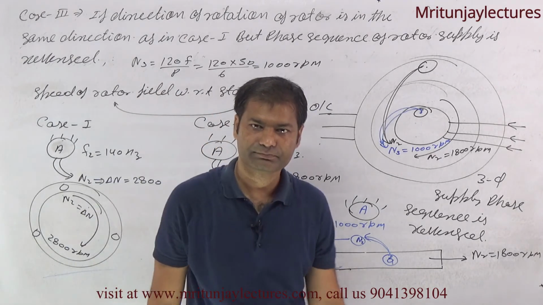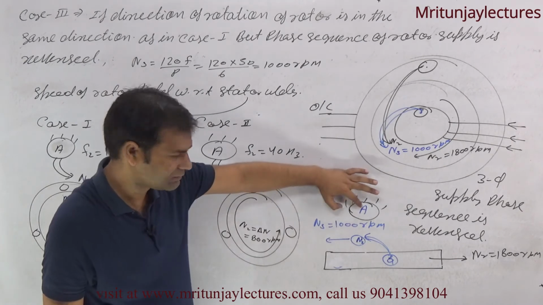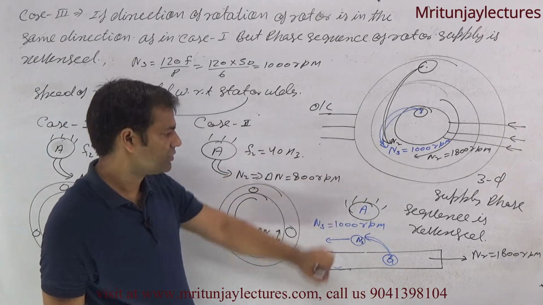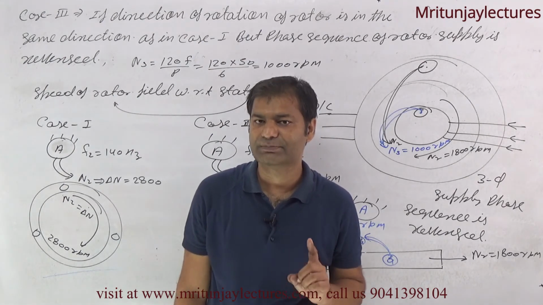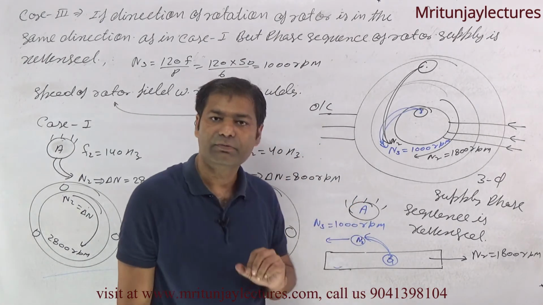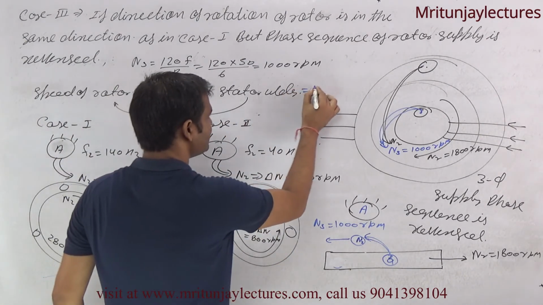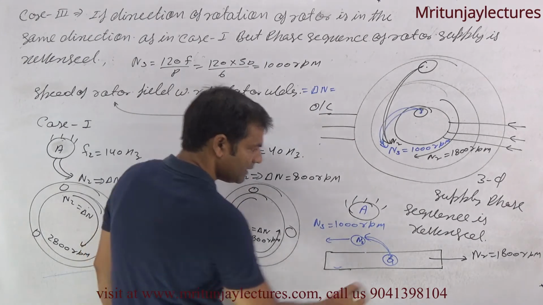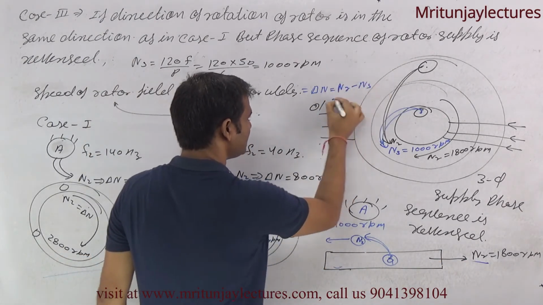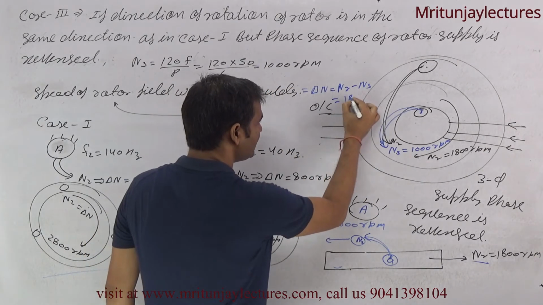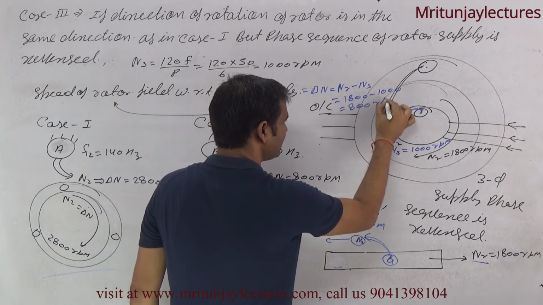Net motion. Now we are sitting on the stator. So what about the speed of the rotor field with respect to the stator winding? Delta N is written as NR minus NS, that is 1800 minus 1000, that is 800 rpm.